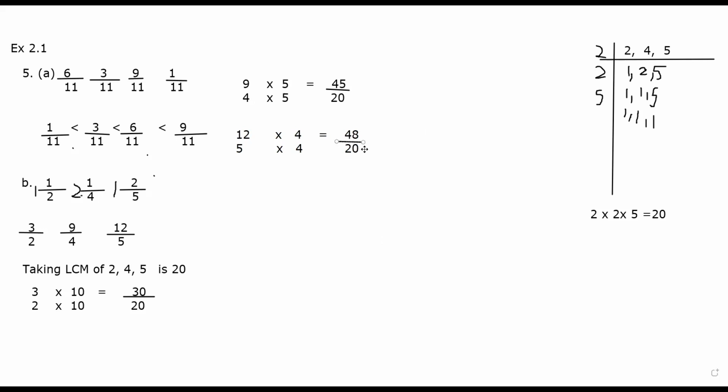Now we have three fractions: 30 upon 20, 45 upon 20, and 48 upon 20. You can easily write the smallest number first, that is 30 upon 20. Then after that 45 upon 20.